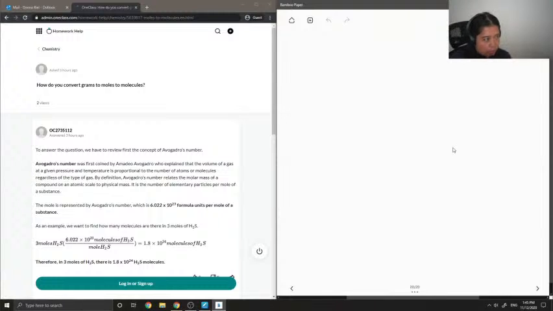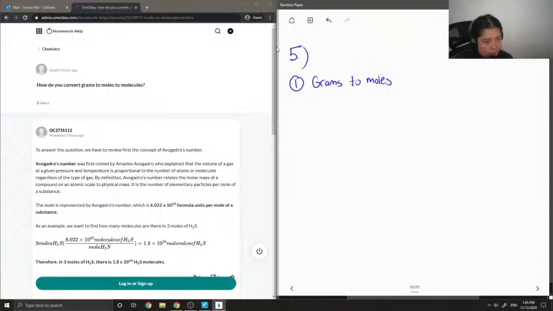Okay, so moving on to question number 5. How do you convert grams to moles to molecules? So step 1, grams is a mass value.